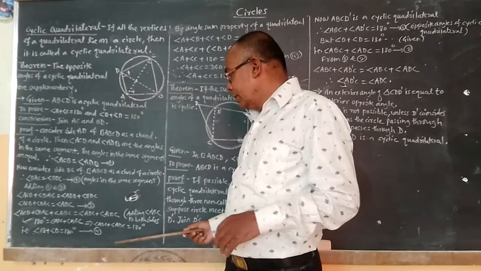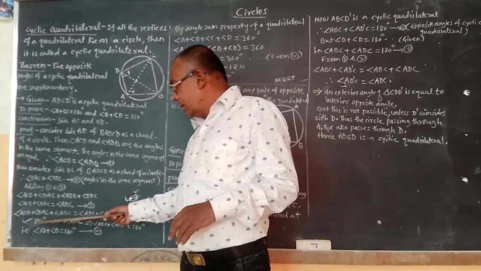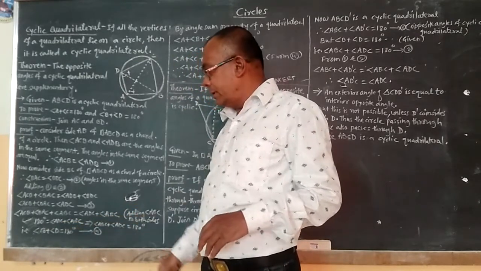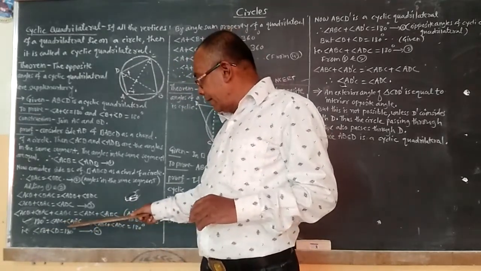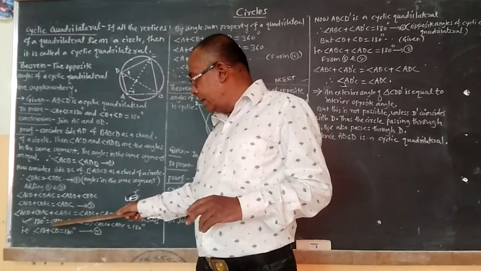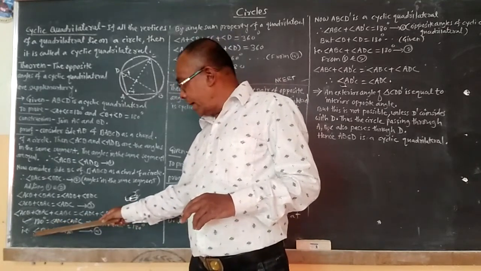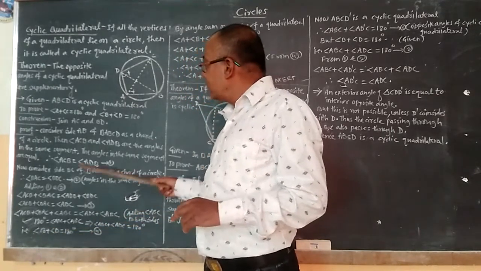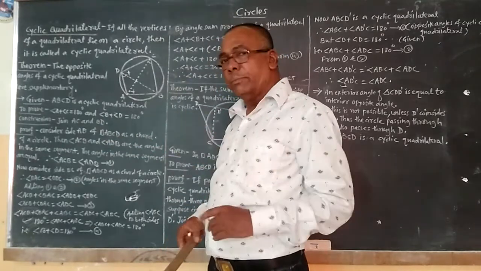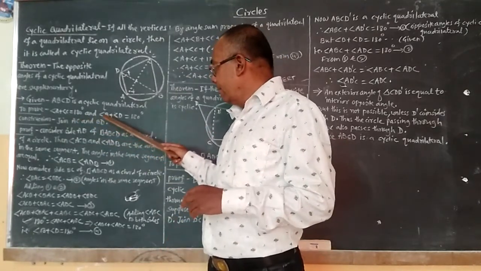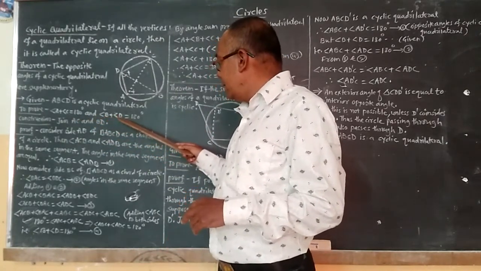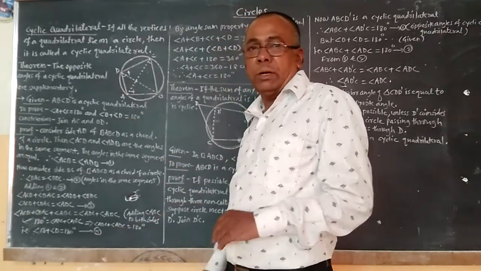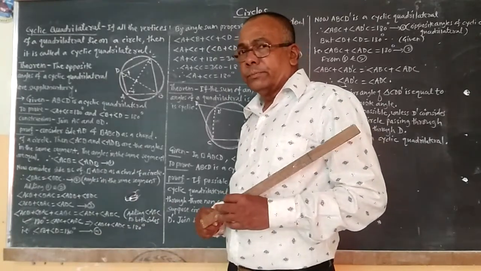So 180 degrees is equal to angle ADC plus angle ABC, but we know that angle ABC means angle B and angle ADC means angle D. So angle B plus angle D is equal to 180 degrees. So here half of the theorem is proved, that is angle B plus angle D is equal to 180 degrees, and that is our equation number 4.